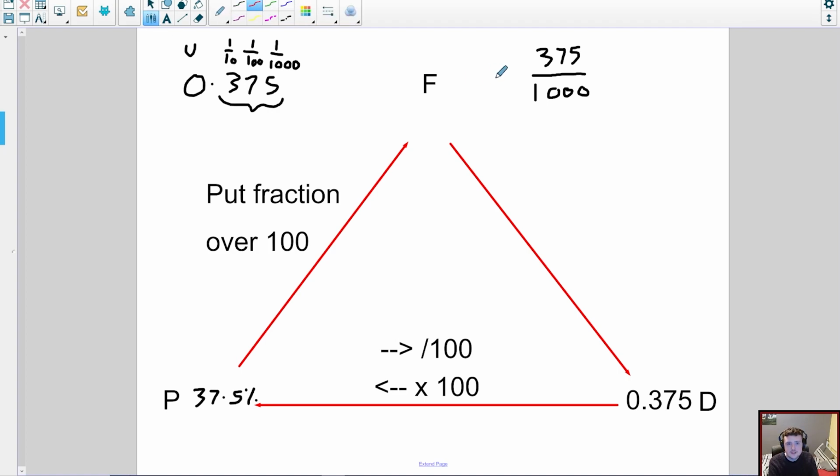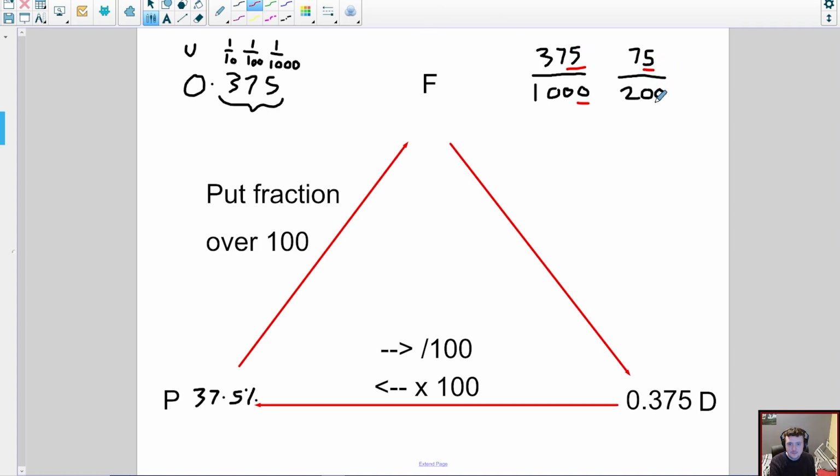What do I do to simplify this? Well, I know that they both end in either 5 or 0, and so I can simplify this by dividing them both by 5. 1000 divided by 5 is 200, so that's going to be the bottom number there. 375 divided by 5 is 75, and how I know that is if I split this into 300 and 75, 300 over 5 is 60, and 75 over 5 is 15, add them together and I get 75 out of 200.